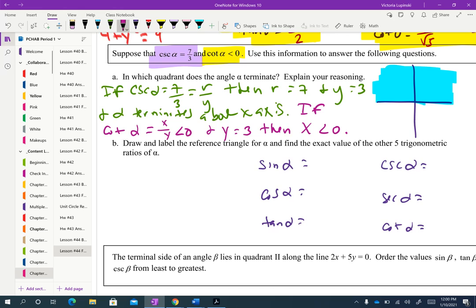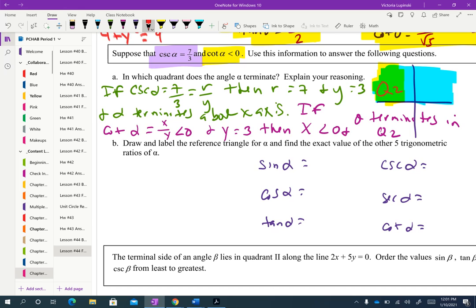So based on the two quadrants that are left, if the x has to be negative, that means that alpha terminates in quadrant 2. So again, the first time I did it, it gave me either 1 or 2. Then the fact that x had to be negative is how I know that this is a quadrant 2 situation.